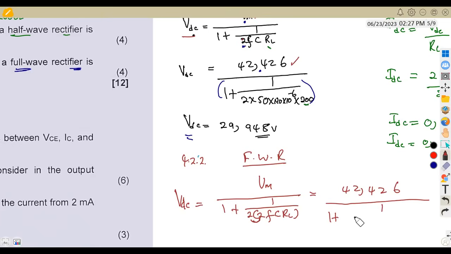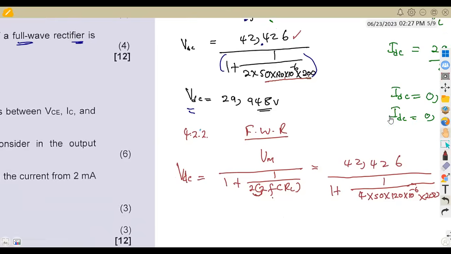So it is going to be 1 over 4 times your frequency. This part remains as it is, nothing changed there. So that will be 50 times your capacitance, which is 120 times 10 to the exponent of -6, times your resistance RL, which is 200 ohms. So everything remains as it is, and this will be our VDC.